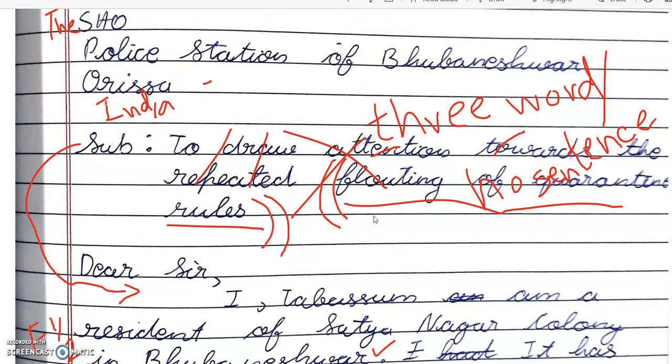Now you can see the one written to draw the attention seems like an objective, so it should be just three words. Yeah, I have pointed out like flouting the rules or quarantine rules. F can be capital, Q can be capital, R can be capital, and it should be underlined.